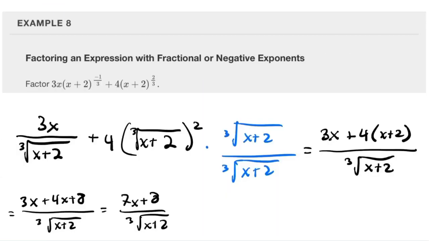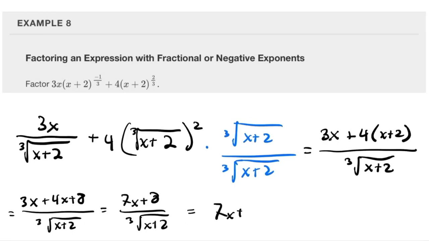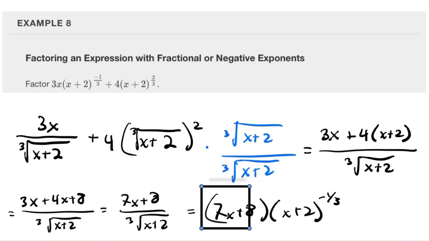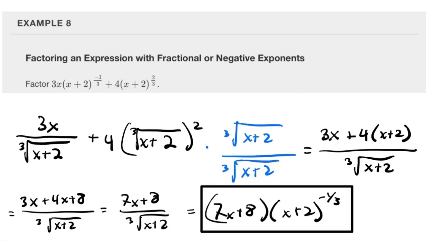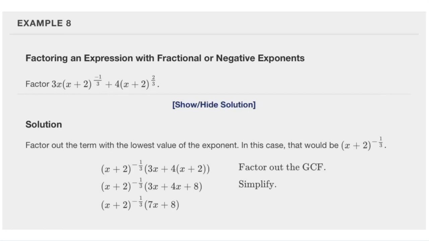Okay, so if we want to match ours to theirs, they rewrote it as a negative power. So then this is 7x plus 8 times x plus 2 to the power of negative 1/3. Okay, I think that matches what they have. This one is a little bit trippy. 7x plus 8, and then x plus 2, yeah.